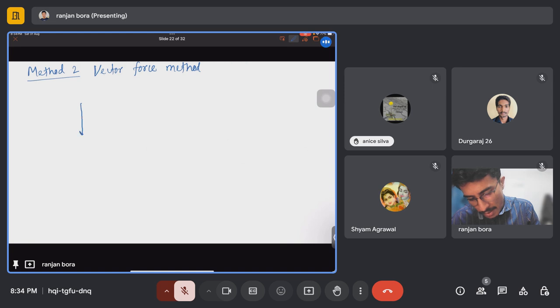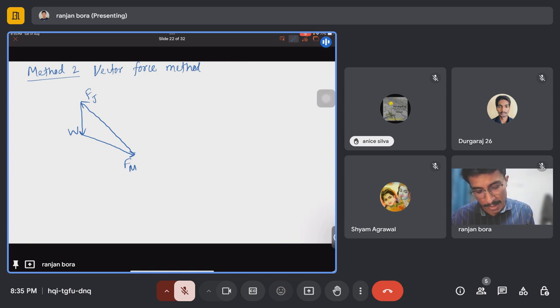We can draw W here, then Fm here, then Fj here. W, Fm, Fj. So is this diagram clear?